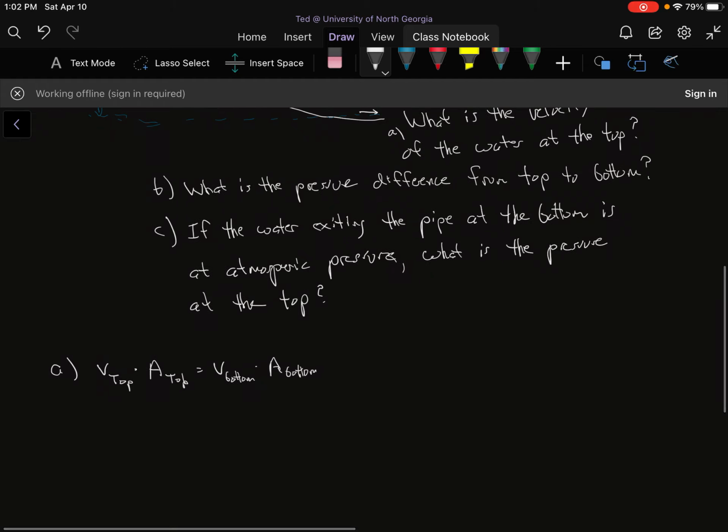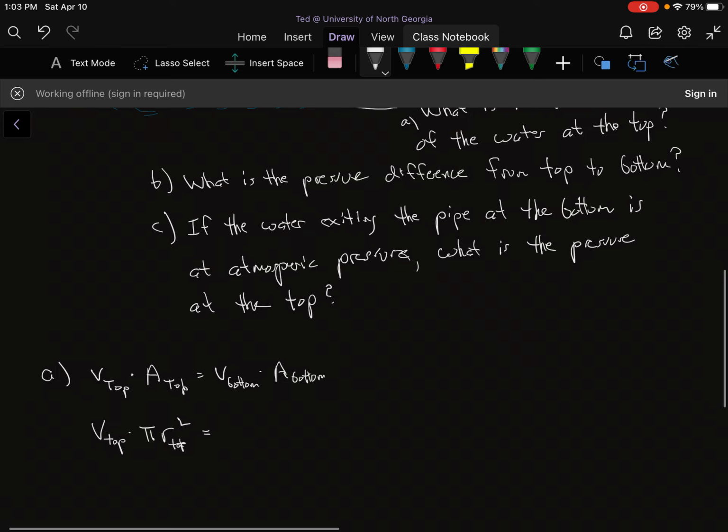Okay, so these are circular pipes, so the velocity at the top times pi r at the top squared is equal to the velocity at the bottom times pi r squared at the bottom.